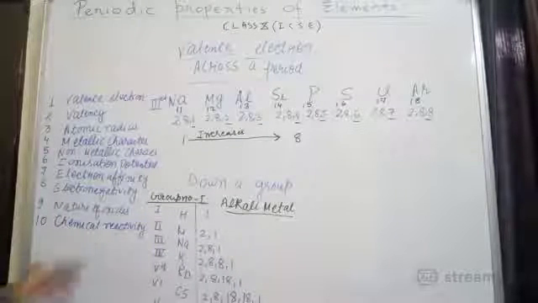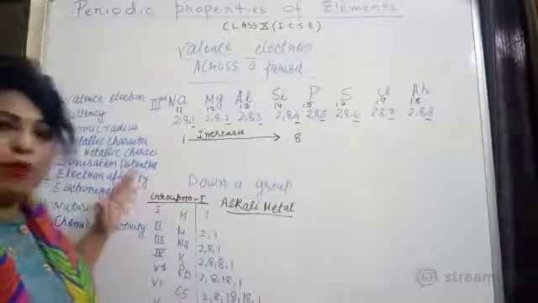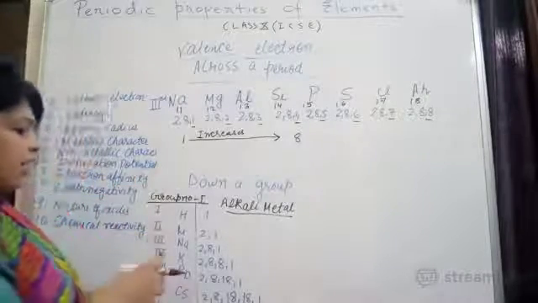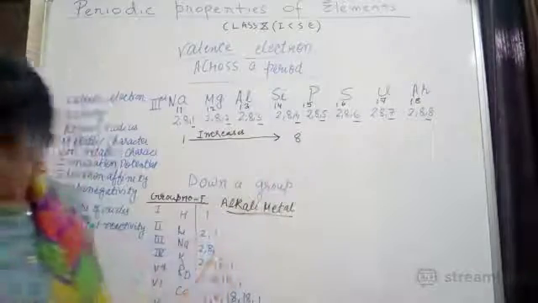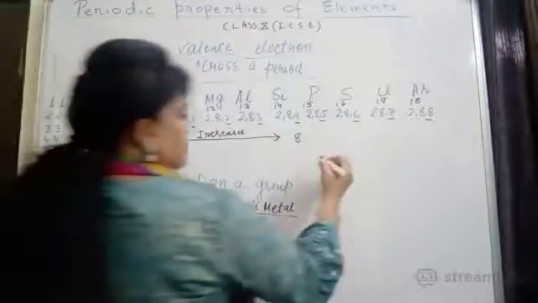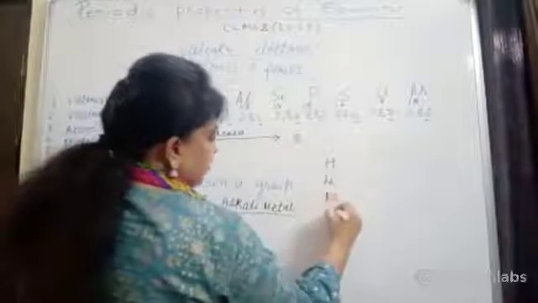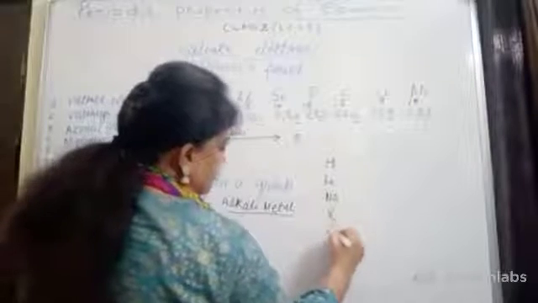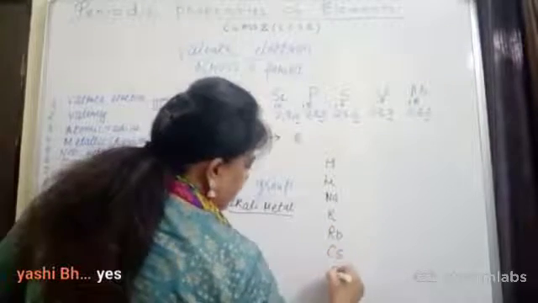I hope this is not visible from this side, so I will write for you here. Group number 1: hydrogen, then lithium, sodium, potassium, rubidium, cesium and francium. Clear?